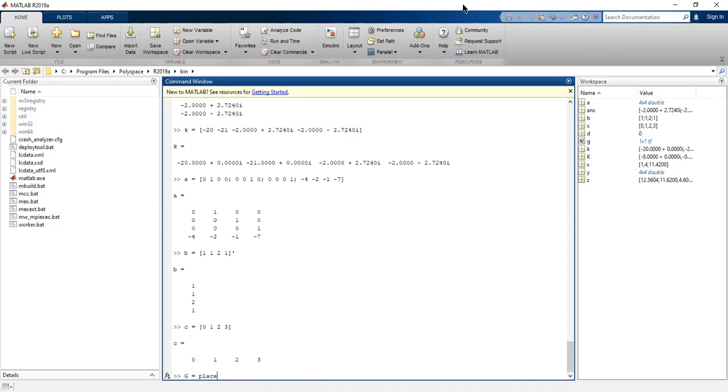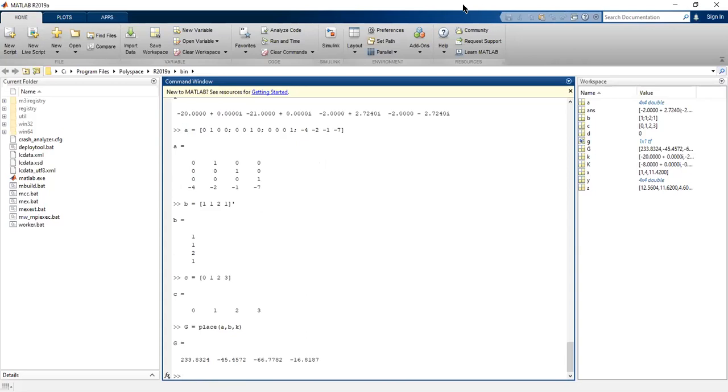So A, B, and K. Even that, once upon a time, MATLAB never used to tell you anything. So those are the gains for the system that you would require.